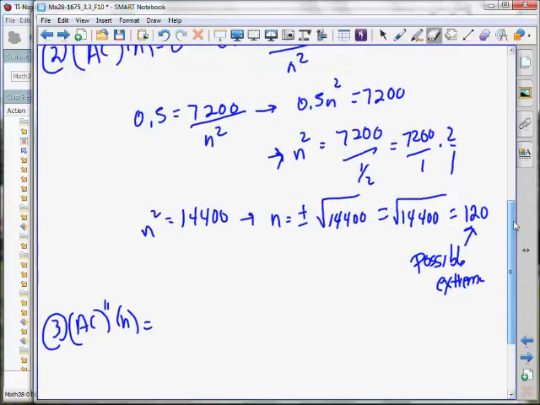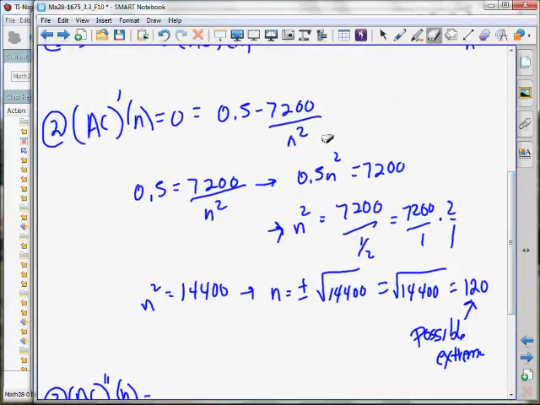So let's see, my first derivative ended up here. So my second derivative, the derivative of the constant is 0. So for the sake of my second derivative, I'm going to go back and make that negative 7,200 n to the negative 2 power.